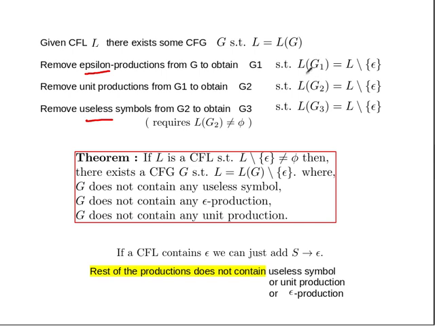So L of G2 is equal to L of G1, right? And then we arrived at this stage, and when removing useless symbols, again, if you see the proofs, we did not introduce any epsilon production, and we did not introduce any unit production while transforming the grammar by removing these useless symbols.